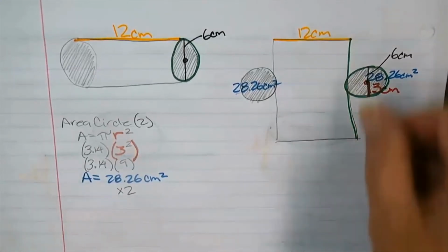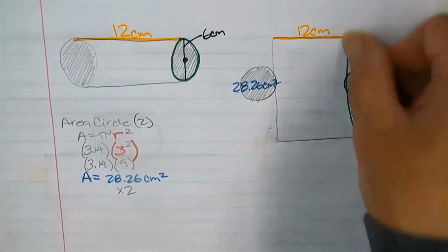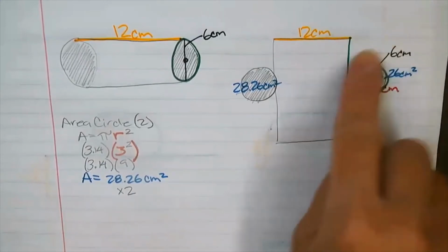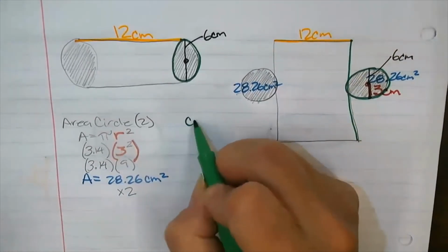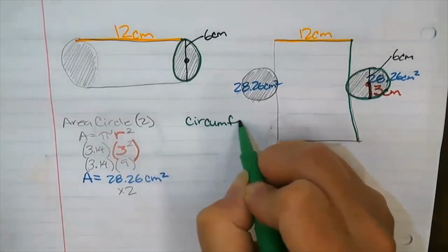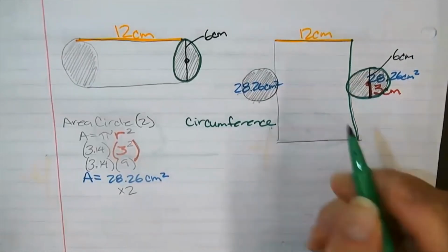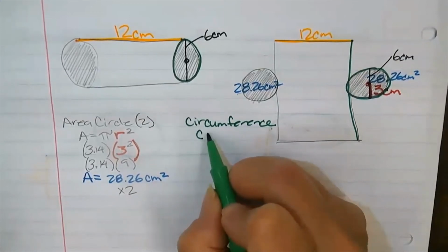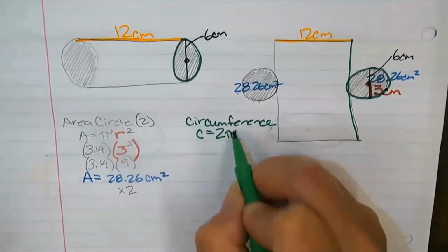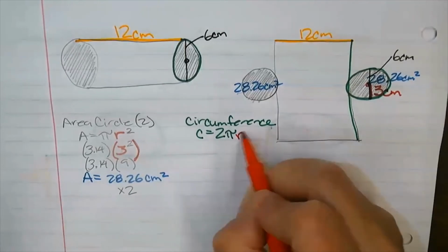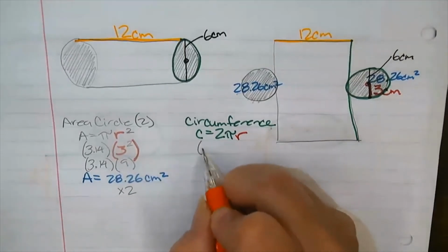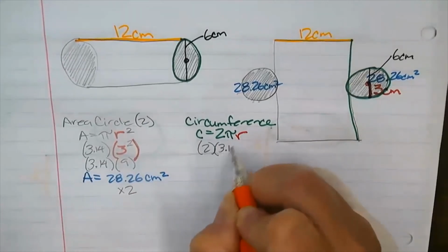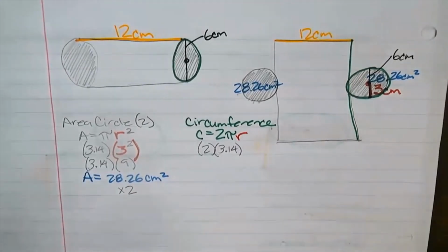But to do that, I need to find the length. And the length is the circumference of this circle. So I need to find the circumference. And I know that the formula for the circumference of a circle is 2 pi r. So now it's substitution. 2 pi is 3.14, and my radius is 3.